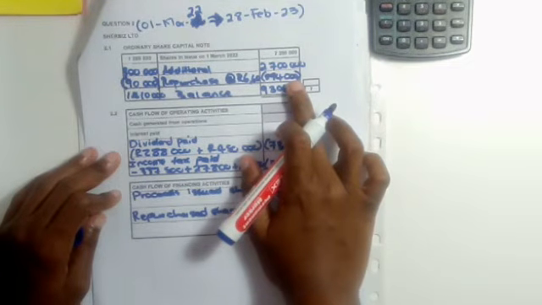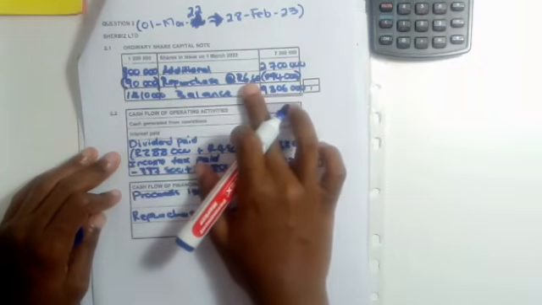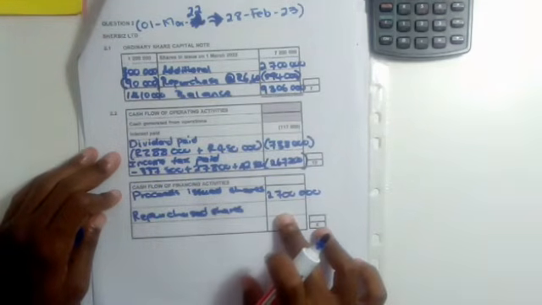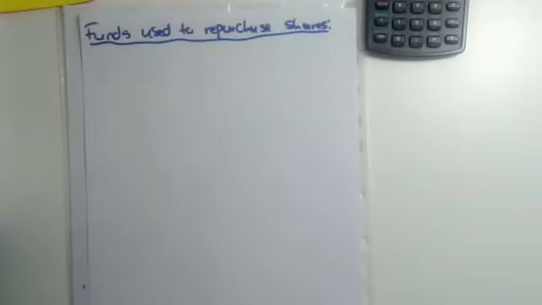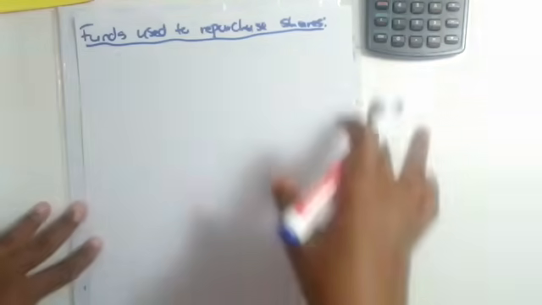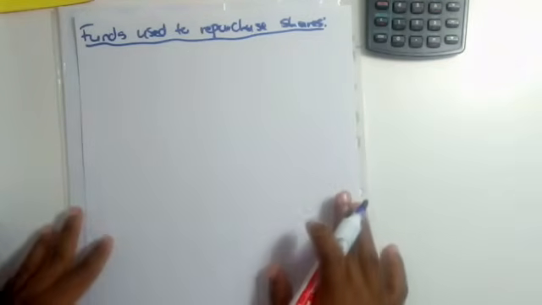But in truth, these shares were not sold at 6 rand 60, they were sold at 80 cents above average price. So that means they were sold at 6 rand 60 plus 80 cents. So we need to record it at the full amount. So this line item on our cash flow of financing activities is what we call funds used to repurchase shares, when you write it out in full.